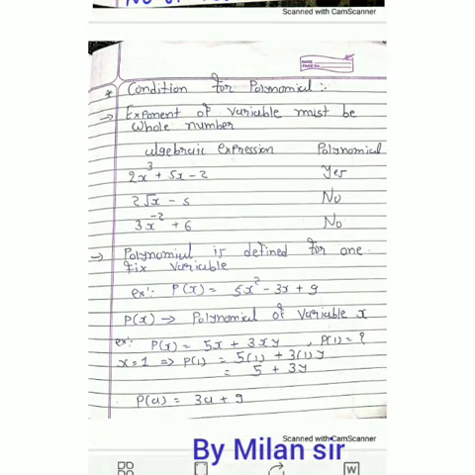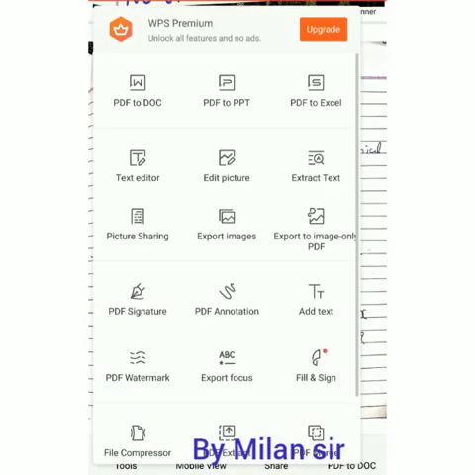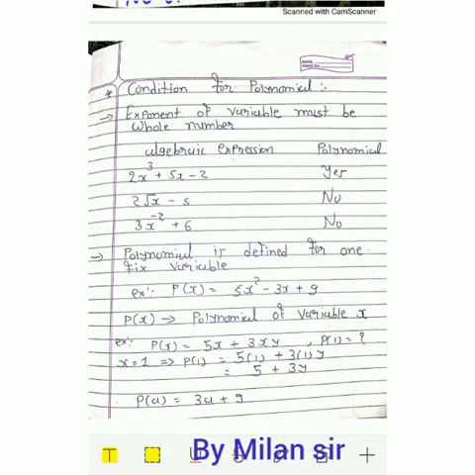Then the difference between polynomial and expression, right? For a polynomial, there is one condition, actually two conditions we learned in standard 9. The exponent of the variable must be a whole number.